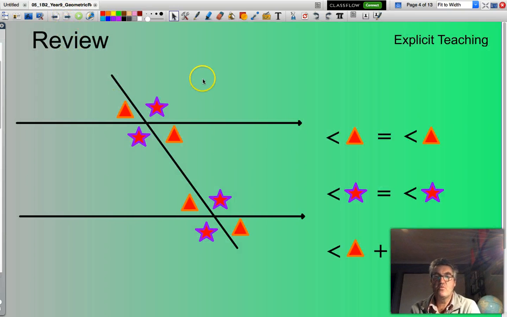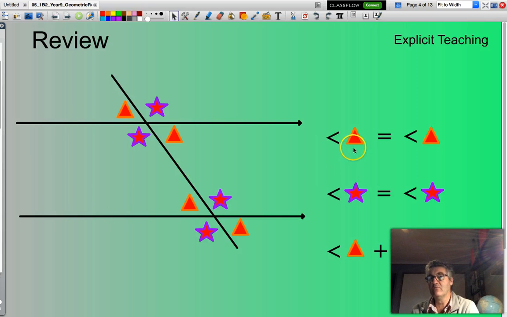Just as a recap or a review, if I have two parallel lines such as here and here, and a line that cuts them, which is called the transversal, the angles which are represented as triangles, such as these two and these two up here, are all equal.